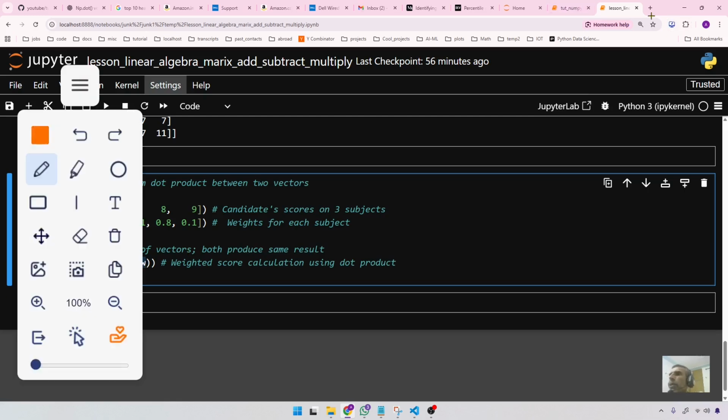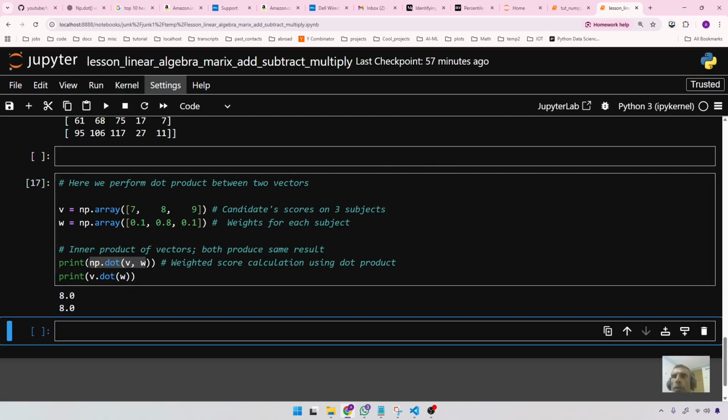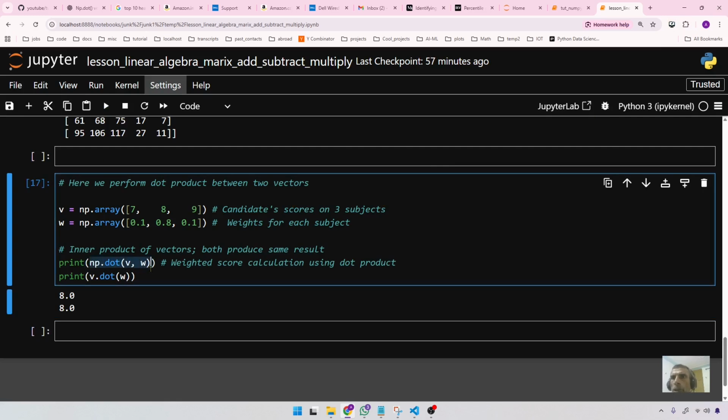This is exactly the same as this. When I run this, they both produce the same answer. I can do it this way or this way, and they both give you the same answer.